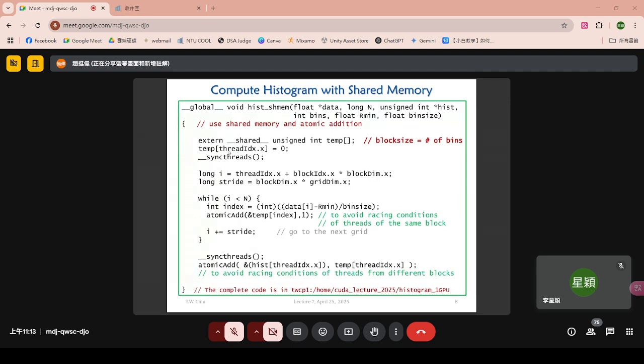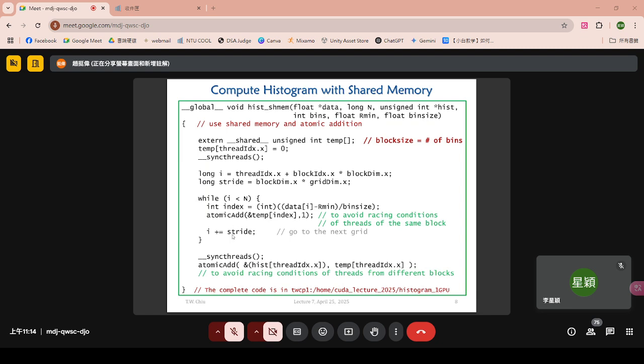To initialize, each thread is associated with one of the locations of the temp array and sets it to 0 first, and then synchronize all the threads. And again, associate the array index to the thread ID, and use atomic add again, and then go to the next.